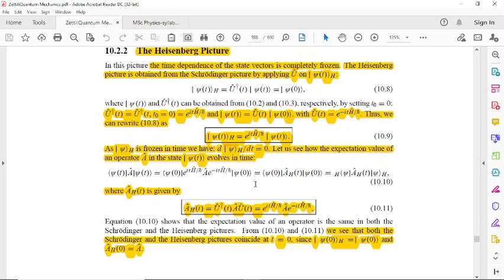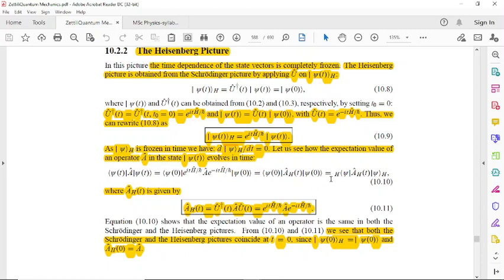Then we can write bracket psi of 0 and this expression transforms A into the Heisenberg operator. That is, this operator depends on time t. Therefore, we can write A H of t, ket psi of 0.